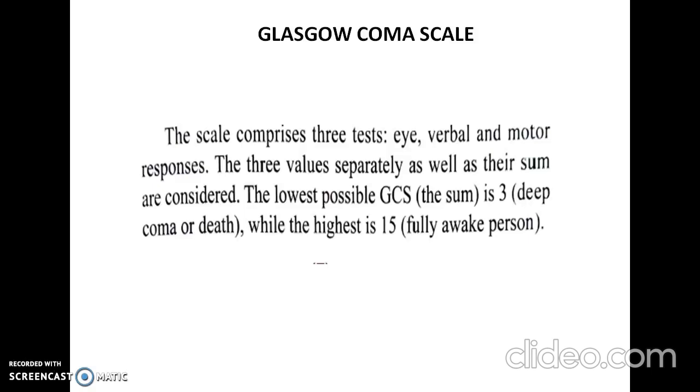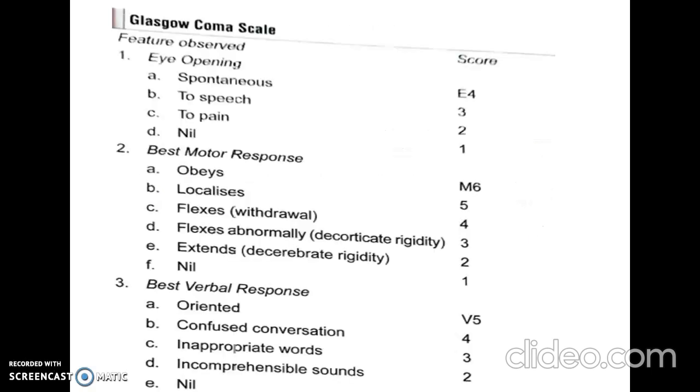Let us see about the scale. This is the Glasgow coma scale. Here we observe 3 features: eye, motor as well as verbal responses. Here we can observe scores. Let us start with the eye opening.